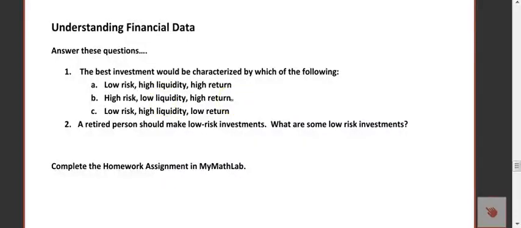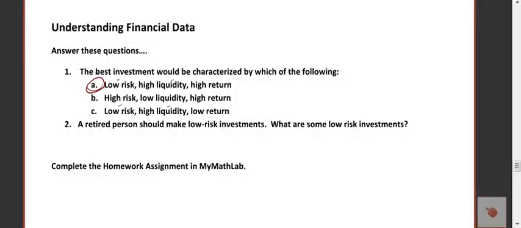Or part C, low risk, high liquidity, low return. Which one of those would be the best investment? I always want low risk. I always want high liquidity. And would I prefer a high or a low return? Definitely a high return. So A would be the best investment, the characteristics of a best investment.